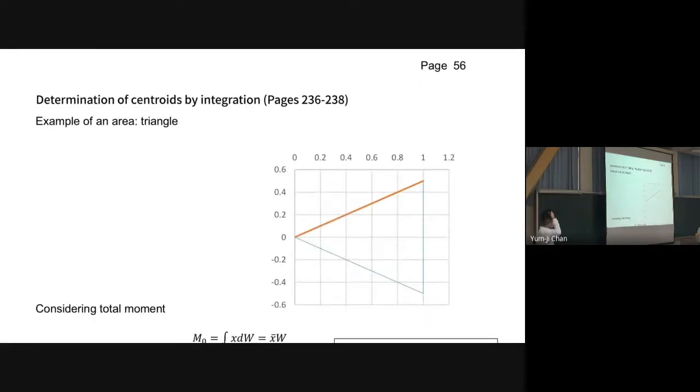Of course, I have asked you to remember the centroid of some areas, but for more complex areas or lines, we need to find the centroid mathematically, and usually we do it by integration.